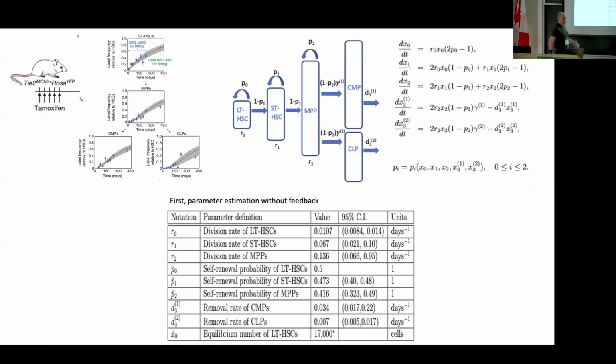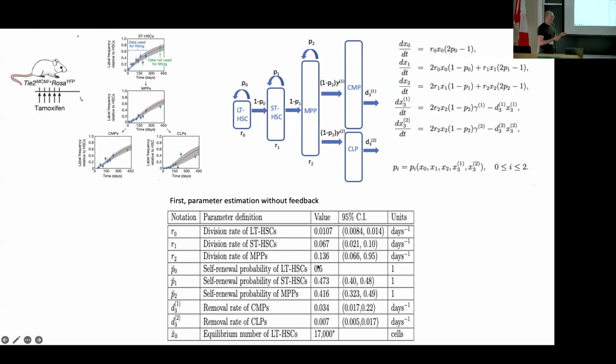By fitting that to the data, you get parameter values of this model that I showed you. The best fitting parameters are shown here, and they make sense. You can see that the division rate of the long-term stem cells is very low, like one in 100; they divide once in 100 days. The division rates of the downstream compartments become faster. Obviously, the self-renewal probability of the long-term stem cells is 0.5 because it has to be.